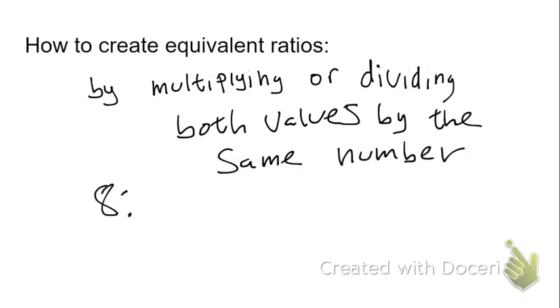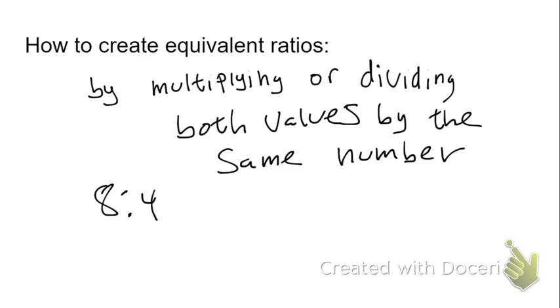So back to our 8 to 4 ratio example. Just like what we did earlier, we multiplied both 8 and 4 by 4 to get an equivalent ratio. Or we divided both of them by 2 to create an equivalent ratio.